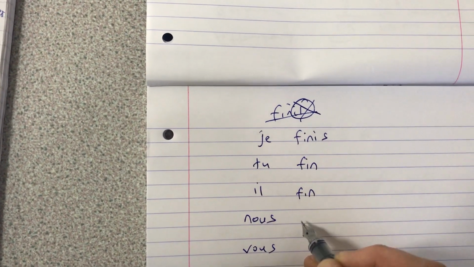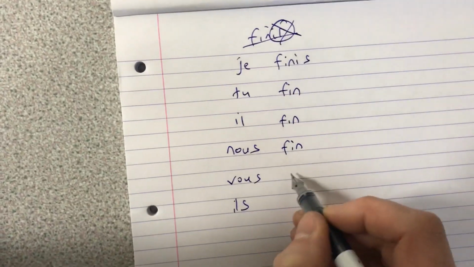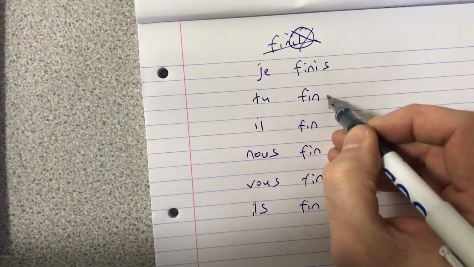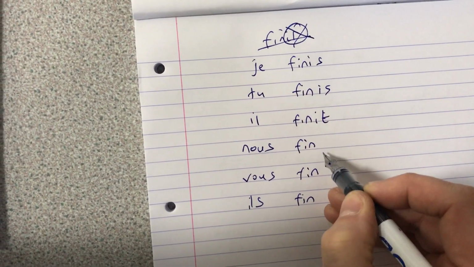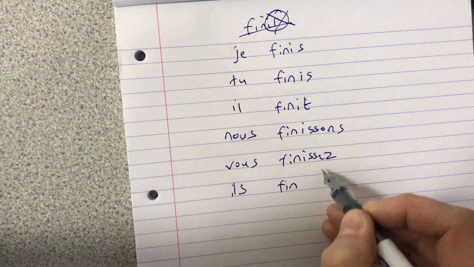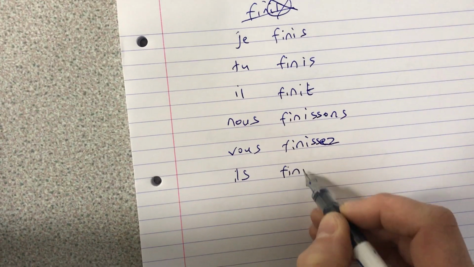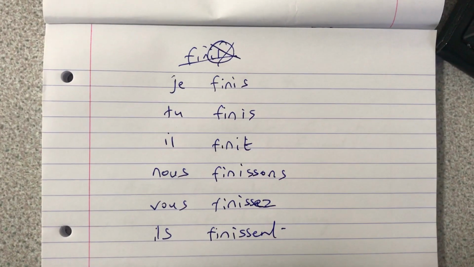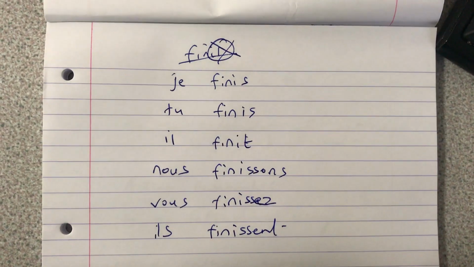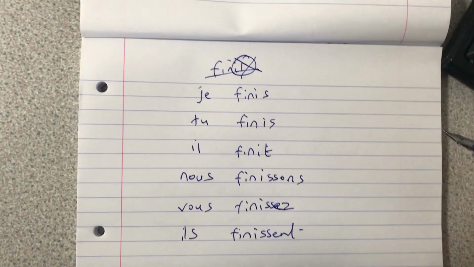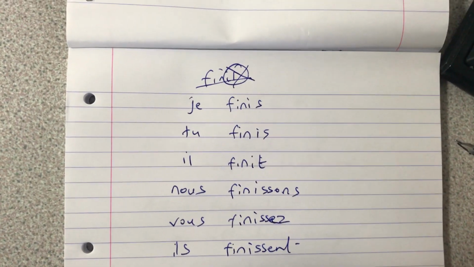Each of these will start with the stem. So, IS, IS, IT, ISSONS, ISSEZ, ISSENT. Je finis, tu finis, il finit, nous finissons, vous finissez, ils finissent. I finish, I am finishing, I do finish.